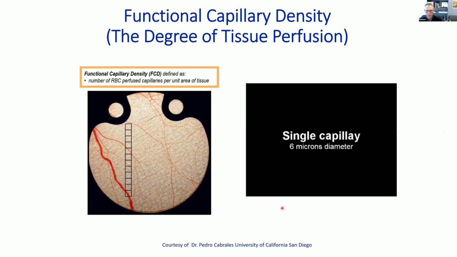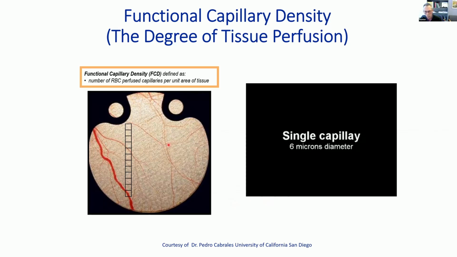Let me see if I can get this to work. No, guess not. Okay, so essentially the cells have to go through a very, very small area, and they have to deform to be able to do that. If they can't do it, you basically lose the function of the capillary.